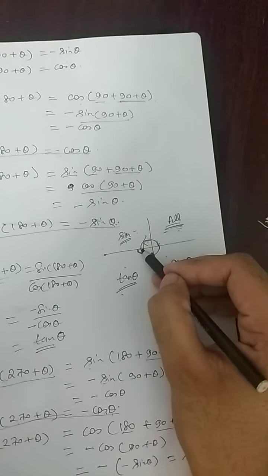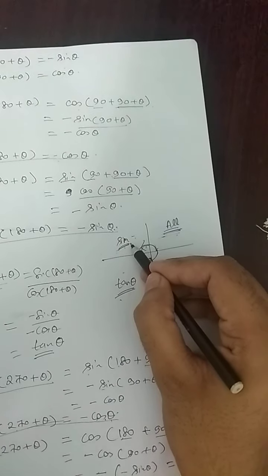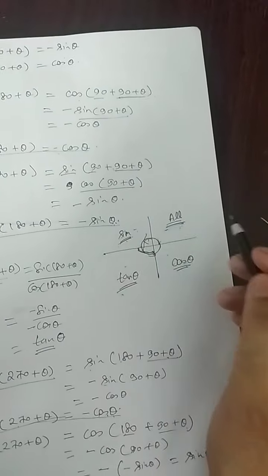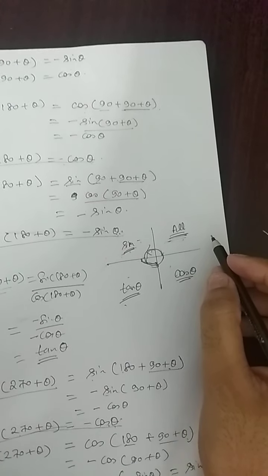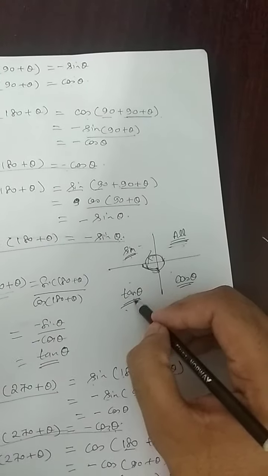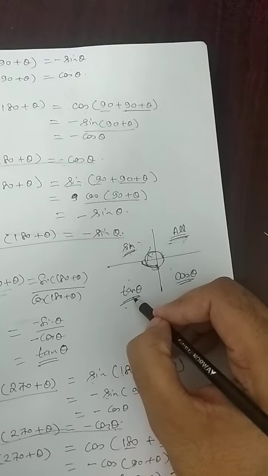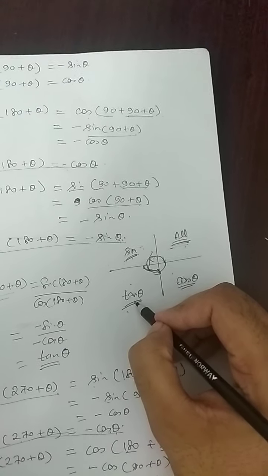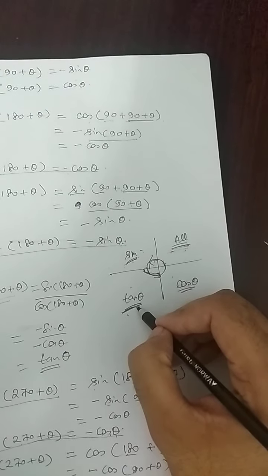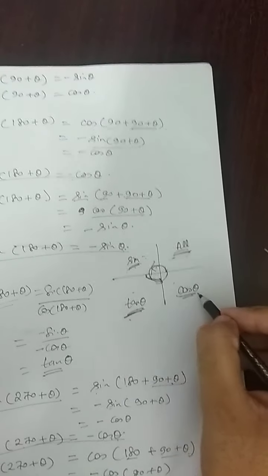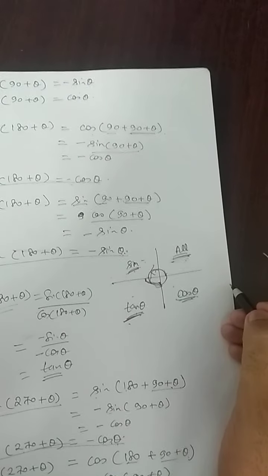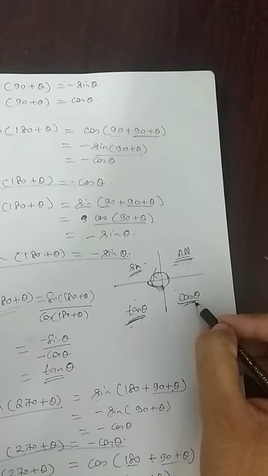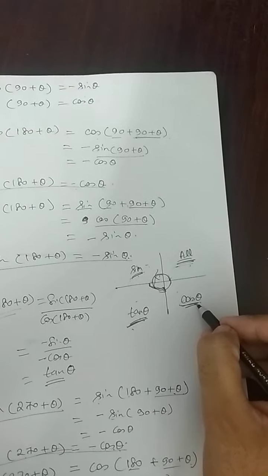In the second quadrant, only sine will produce a positive result, tan and cos will produce negative results. In the third quadrant, sine and cos produce negative results, whereas tan produces a positive result. And in the fourth quadrant, sine and tan produce negative results, and cos produces a positive result.